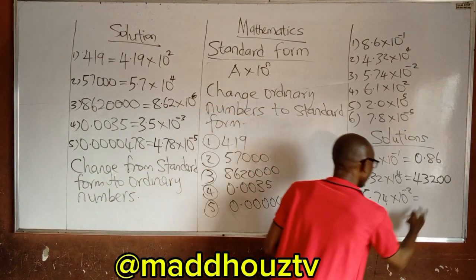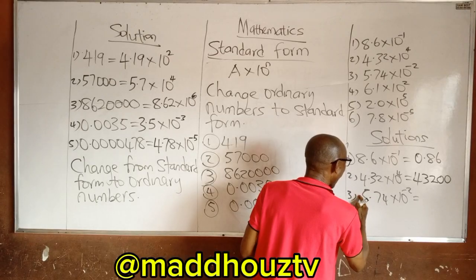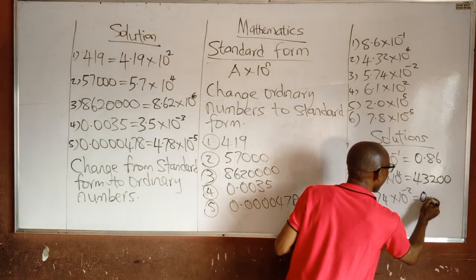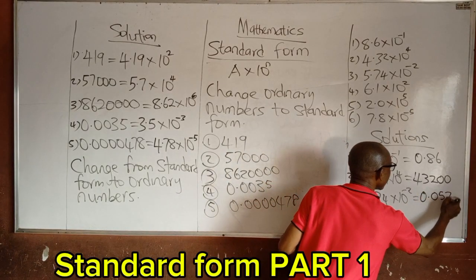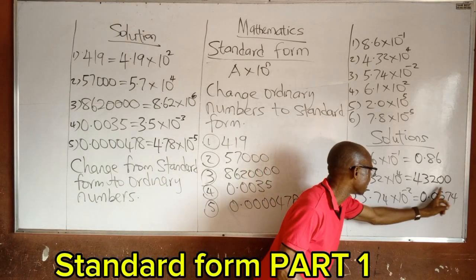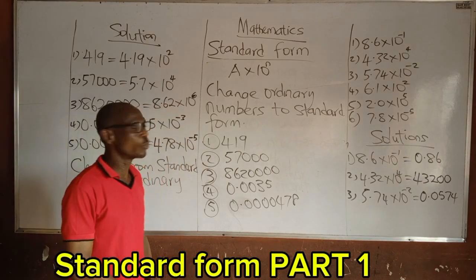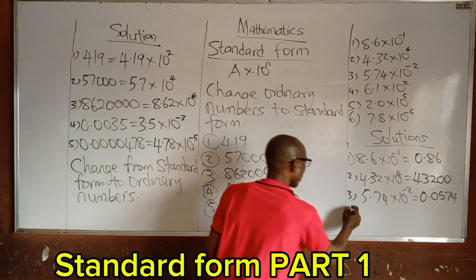We are moving 2 times to the left, so we now have 1 and 2. So we have 0.0574. We have moved the decimal from here 2 times, 1, 2. And that gives us our value in ordinary number.